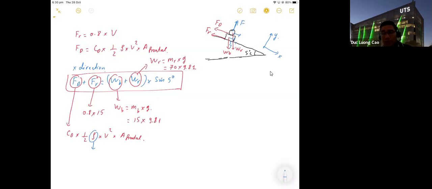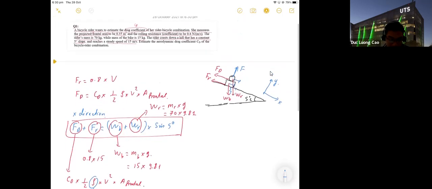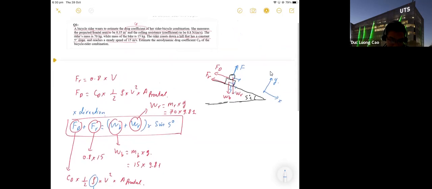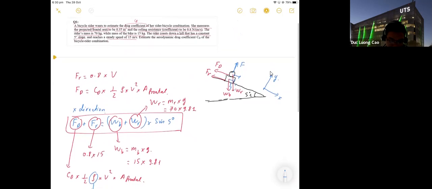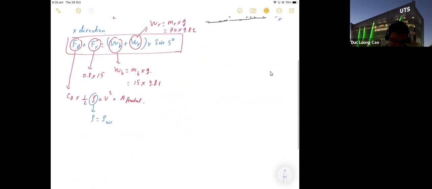The drag force is a force from the fluid flow applied to the object. So the density here is the density of the fluid, and the fluid in this case is air. So the density here is the air density. The temperature is not mentioned, but you can use, for example, 20 Celsius.